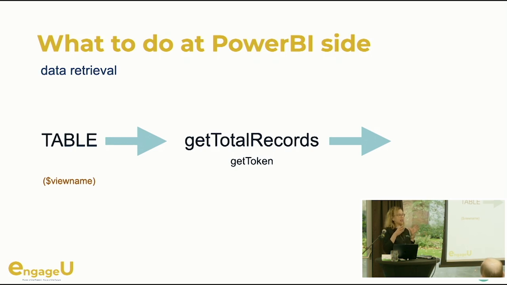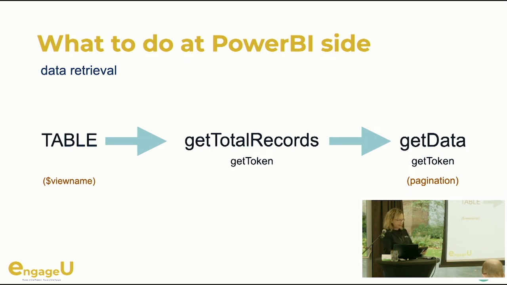We have a single token for every query, and every query contains one call for one table in amount of records, because we need to paginate. The pagination, you say in English? Pagination. Because if you're trying to retrieve a table that has 100,000 records in one single query, it will give you a timeout for sure. So we always try to paginate.